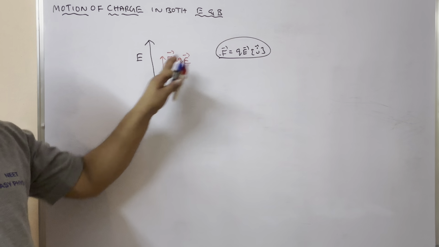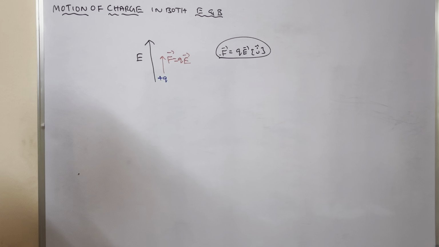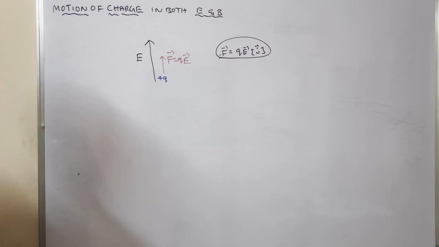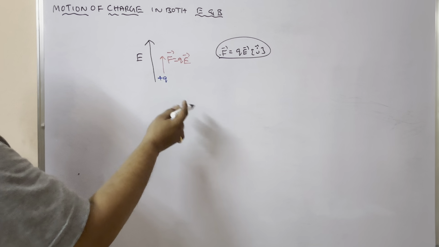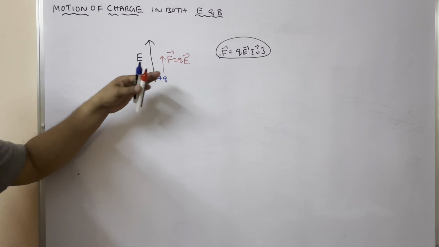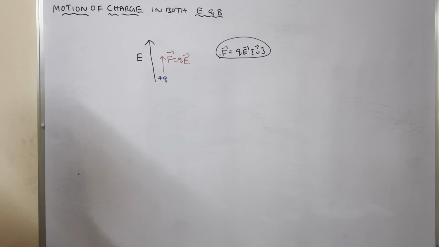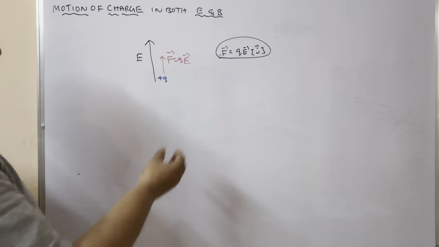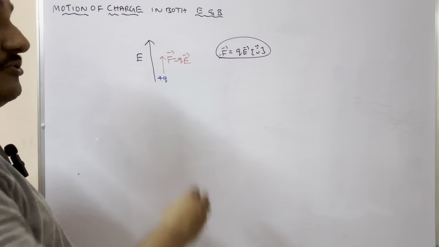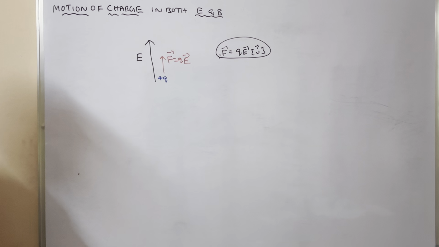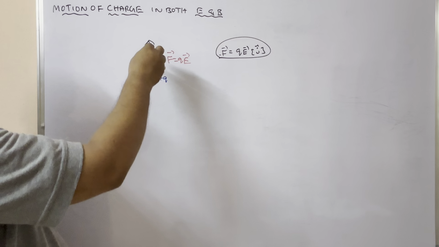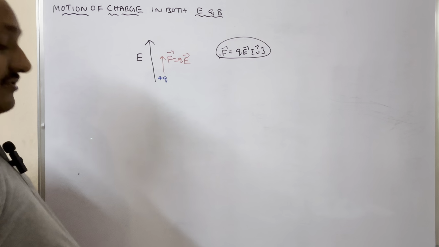Now we are applying magnetic field. So how we are applying magnetic field means this charge should move with velocity, means resultant force is going to become zero. Resultant force is going to become zero means the force applied on this charge due to magnetic field should be in which direction? The resultant force should be zero means equivalent opposite force should act.